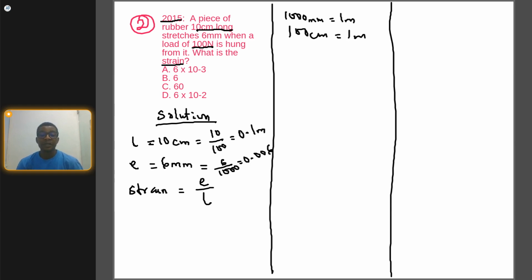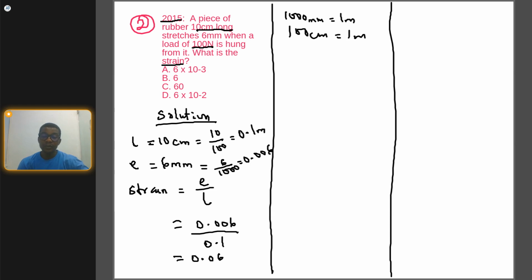Now that we have the length in meter and the extension in meter, we can go ahead to solve for the strain. The strain is now 0.006 divided by the length, which is 0.1, and that gives the final answer, which is 0.06.